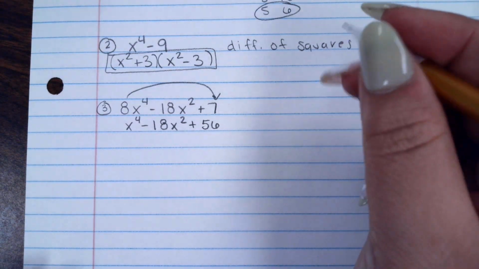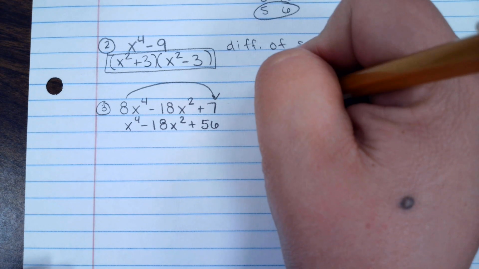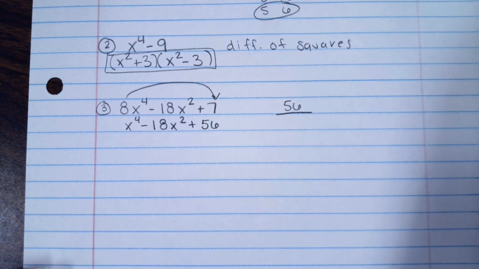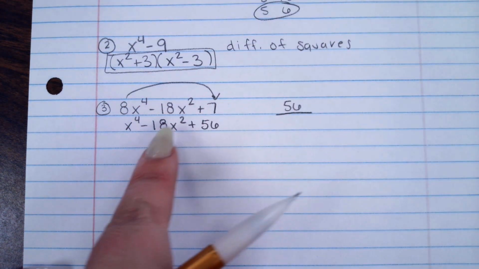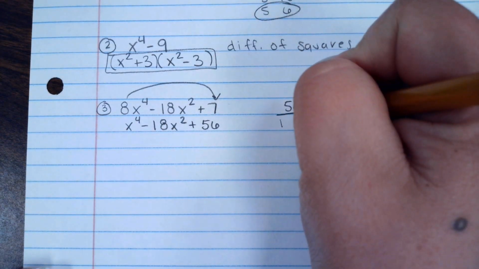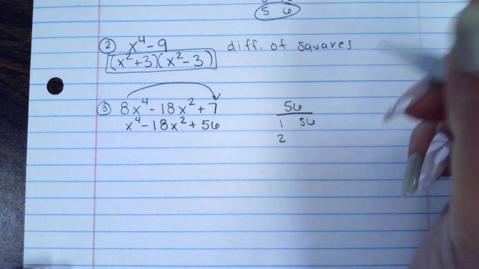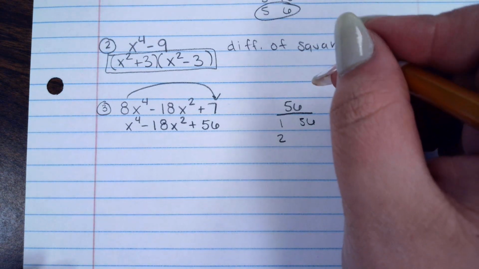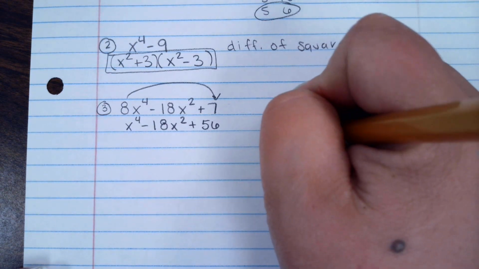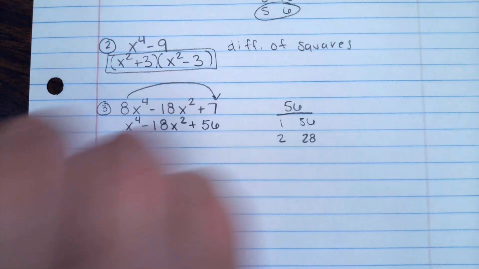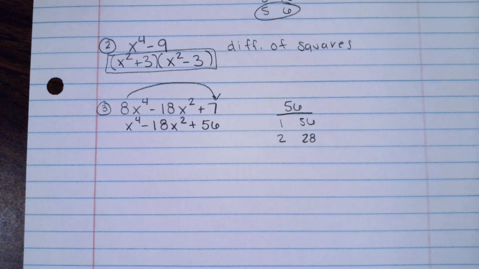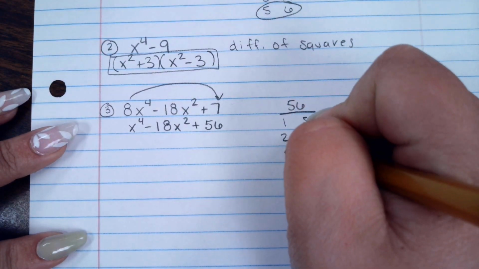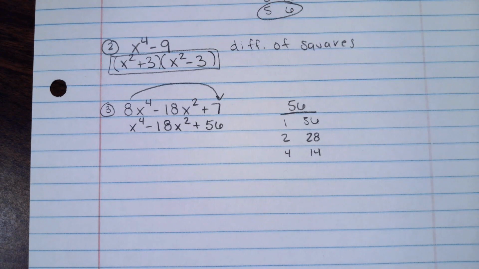All right, so we look for multiples of 56 that are going to add to negative 18. So 1 and 56, 2 and 28. Can we divide 56 by 3? Nope. What about 4? Yep, 4 and 14. Can't do 5. Can't do 6.